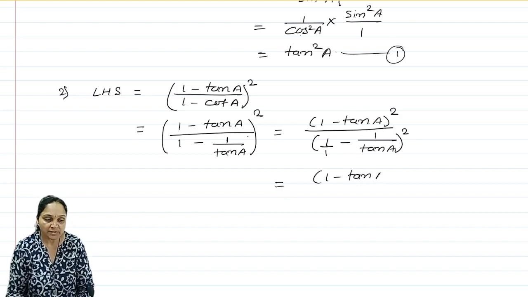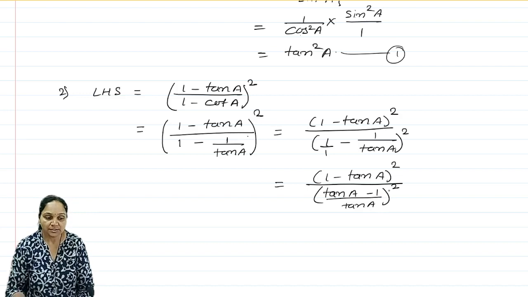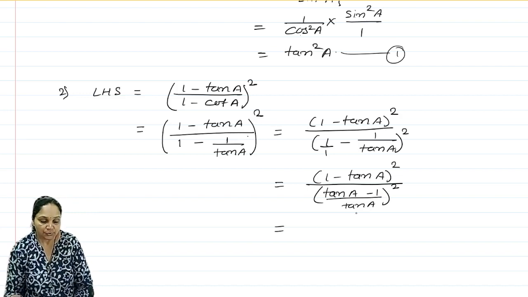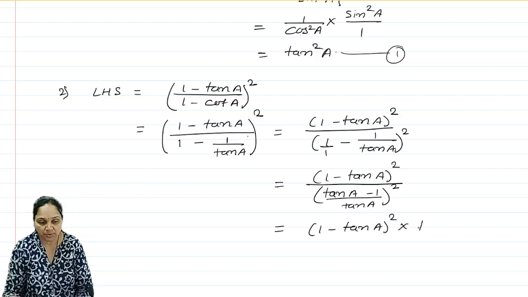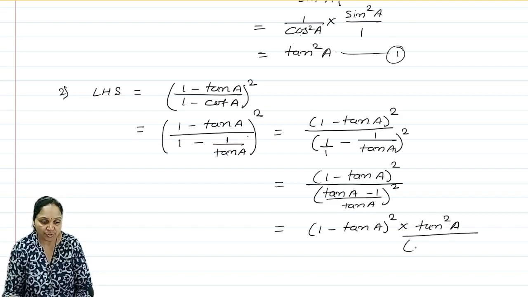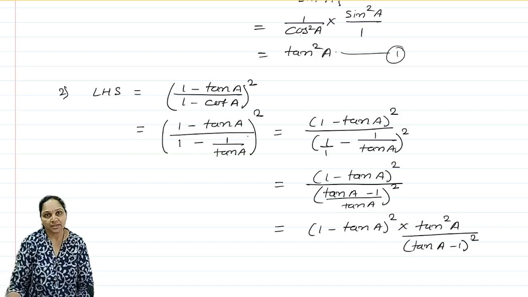So (1 − tan A)² upon ((tan A − 1)/tan A)². So here (1 − tan A)², and I am using reciprocal multiplication, that is tan² A upon (tan A − 1)².